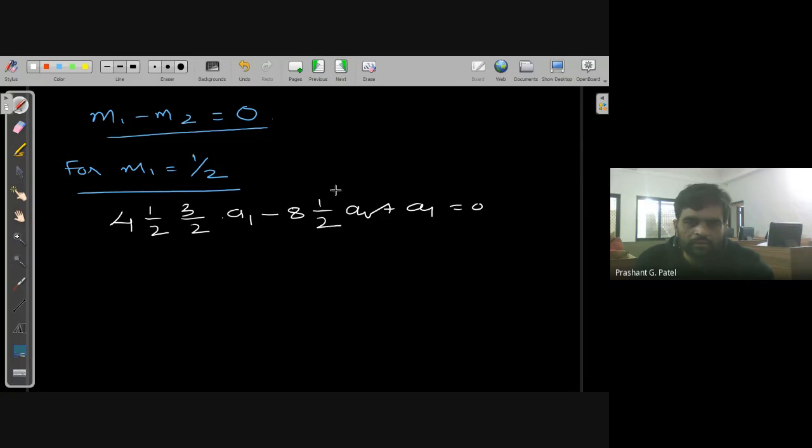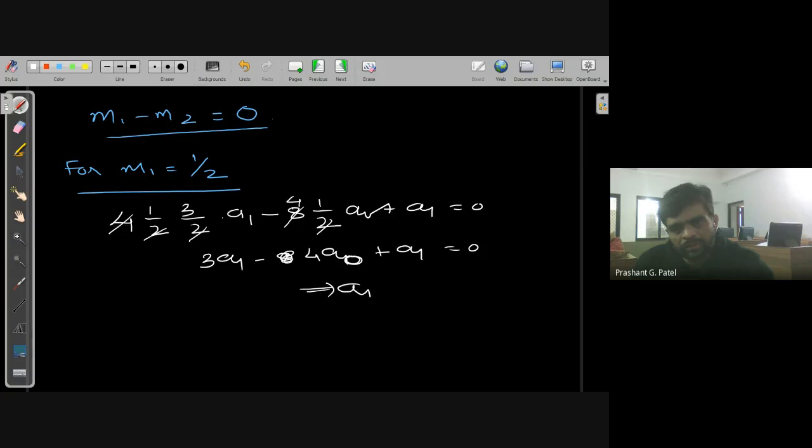If you simplify this, 4 will get cancelled. So this will be 3a1 minus 4a0 plus a1, which implies a1 equal to a0. So the value of a1 will be a0.